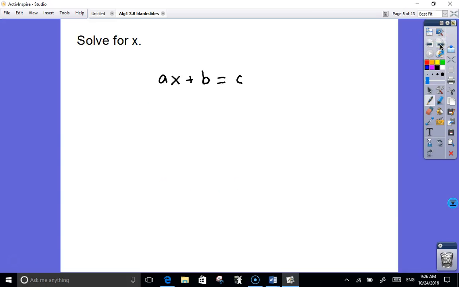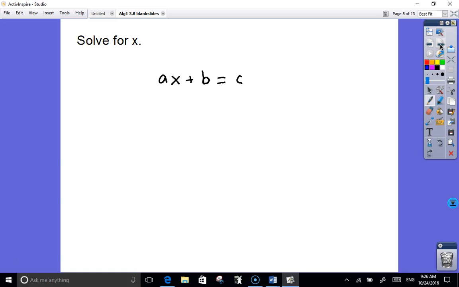So, again, here's an example of a literal equation. It's got A, X, B, and C. We would actually only think that the X is a variable. The other 3 are just some kind of constants that we don't know when we start. But again, what does it mean to solve an equation for a variable? Isolate the variable, right?